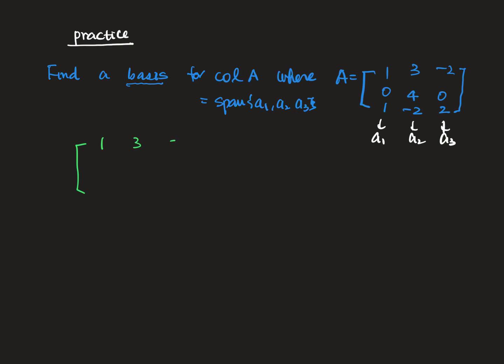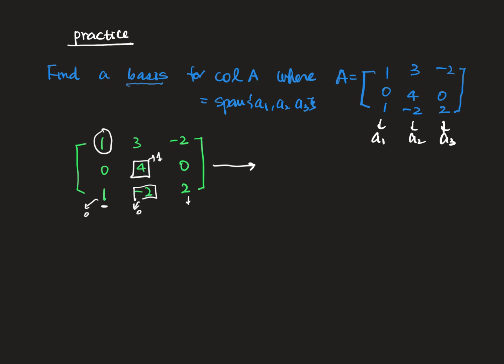Let's do it. First, think about the pivot. Here is 1, that's fine, so we make the entry below it 0. The second column pivot should be 1, and the entries below it 0.